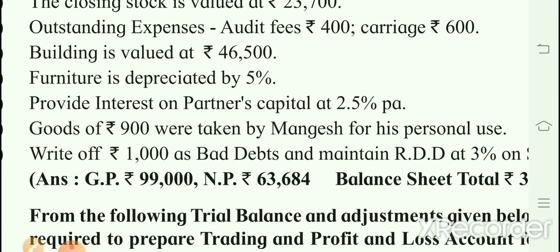In the column of Mitesh 3,750 and Mangesh 1,250. It's income for them, so we have written it on the credit side of the partners' current account. Now it's an expenditure for our firm. That's why the second effect will be recorded on the debit side of the profit and loss account under the heading interest on capital. Mitesh 3,750, Mangesh 1,250.